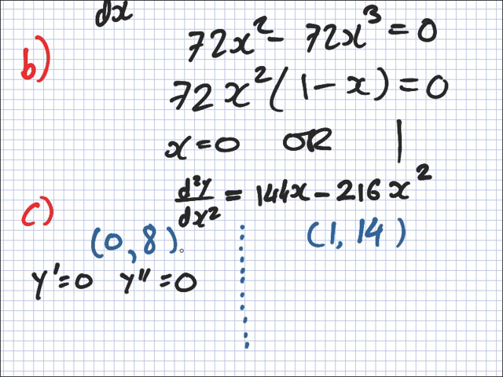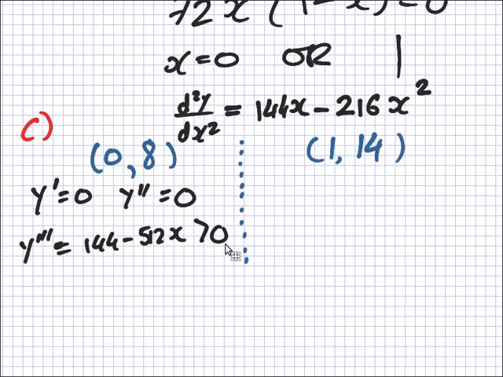What do we do? You look at the third derivative. So what's the third derivative here? It's 144 minus 432x. Now when you put x as 0, what do you get here? Positive.